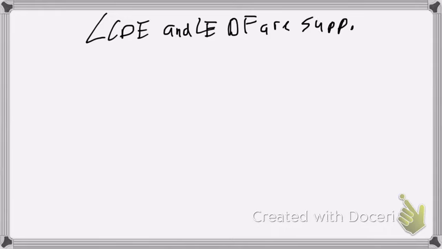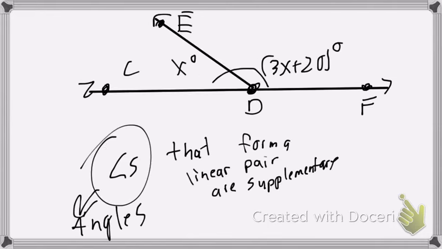And that, what we wrote before, is kind of our justification. So now we're going to start off and we're going to say, step 1. The measure of angle CDE plus the measure of angle EDF equals 180.